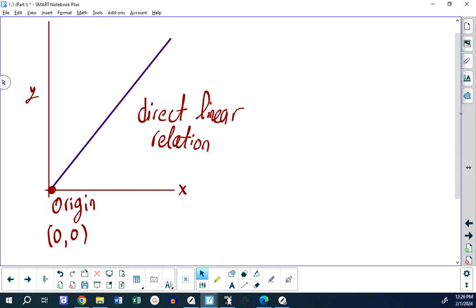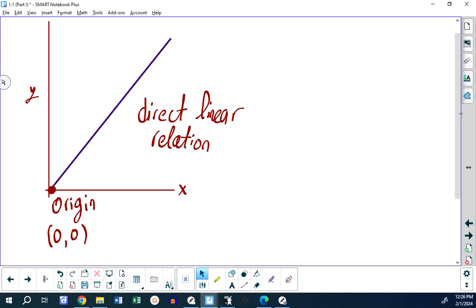Those two things, the x and the y, are called variables, right? One is called the dependent variable. One is called the independent variable. Does anybody remember which one is which? Daniel.